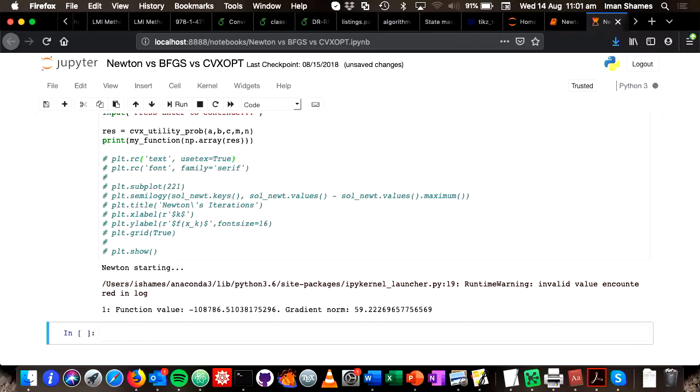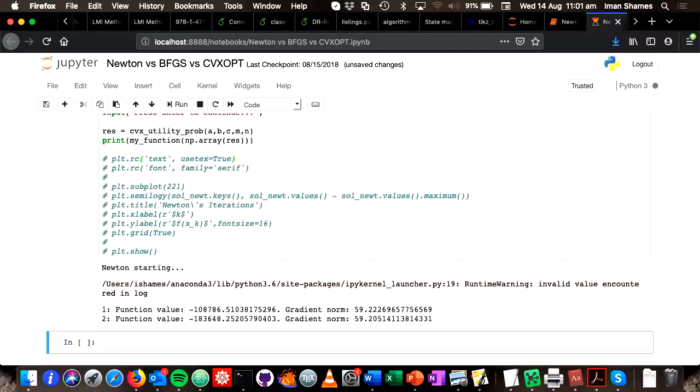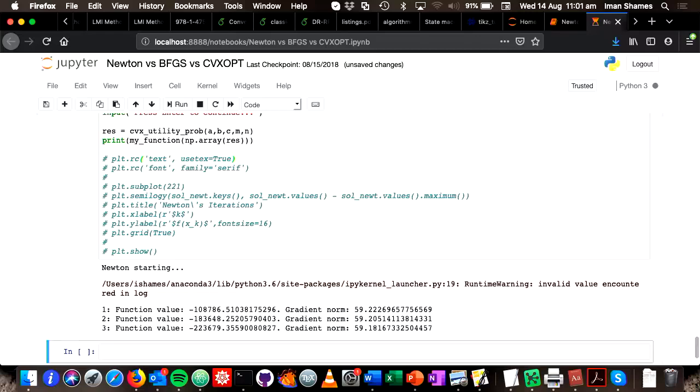Okay, it doesn't matter the first one. Now I want to have this feeling of waiting. So I'm showing you the function value, some ridiculous number, doesn't matter, and the norm of the gradient.